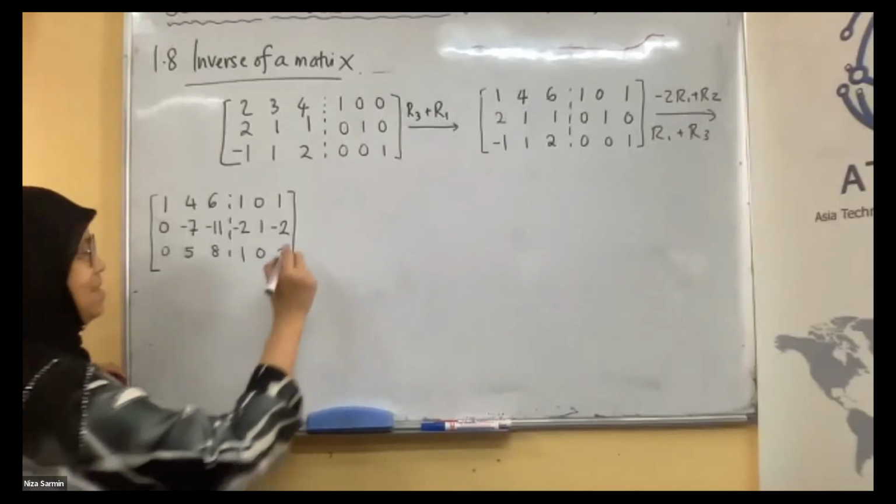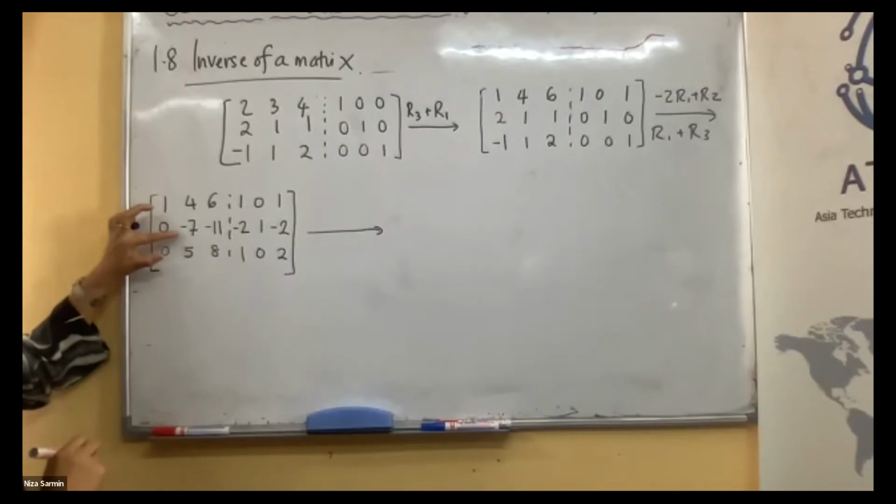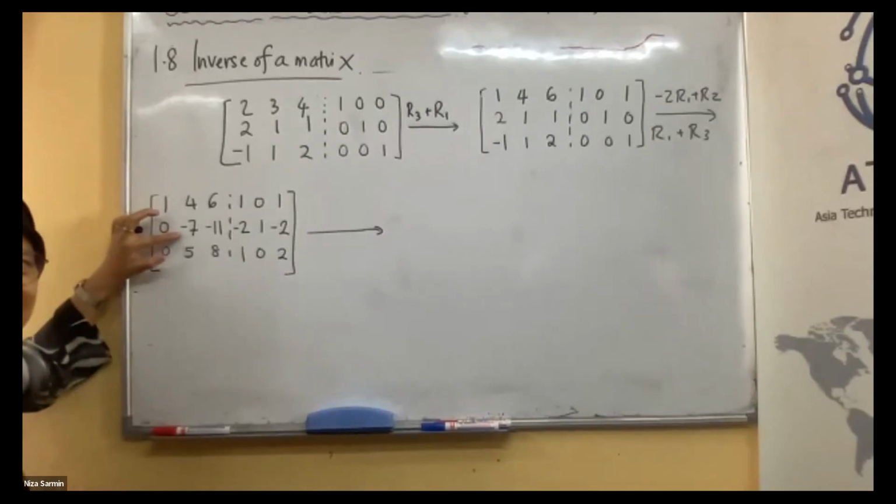Next. This is 7. This is 5. How do you want to make this one?